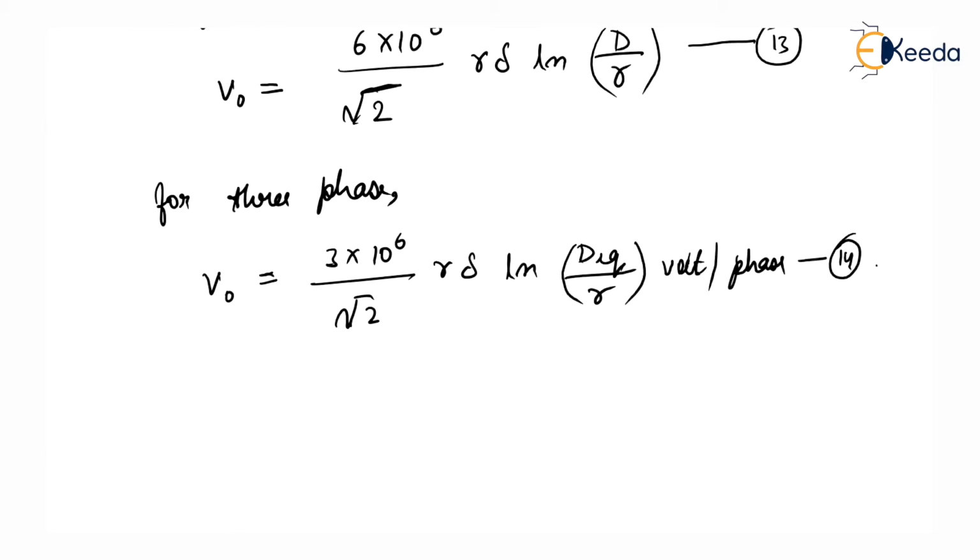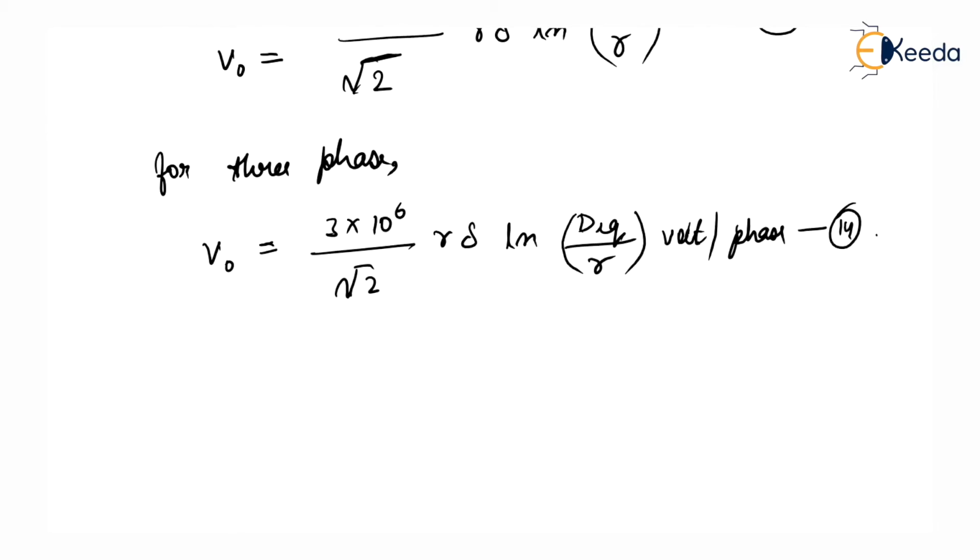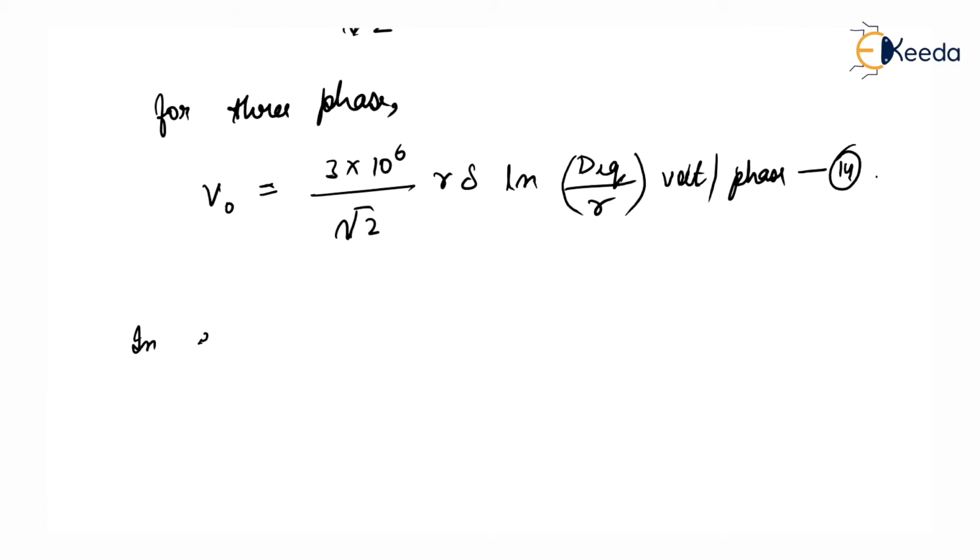So in equations 13 and 14, the expressions for disruptive critical voltage, it is assumed that the conductors are smooth and clean.